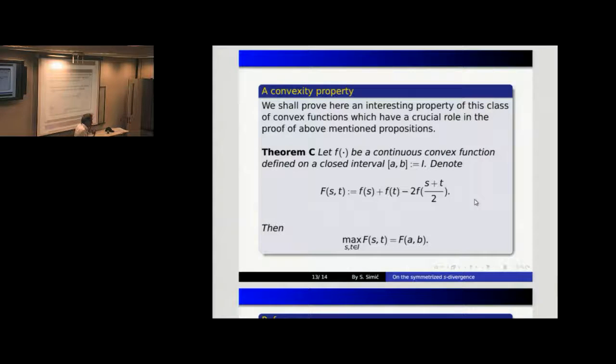You get the maximum at AB, isn't it? F is defined on this interval. So for each S and T, the max of this function is exactly this. So it is concave at AB.